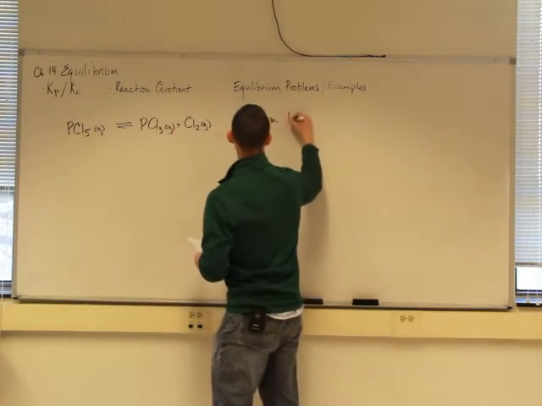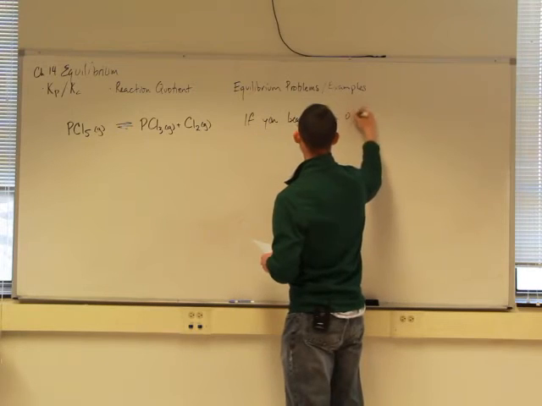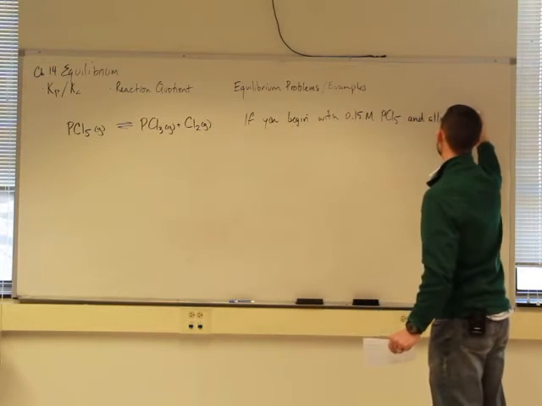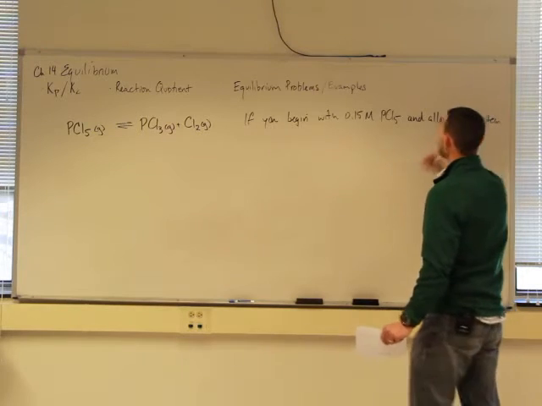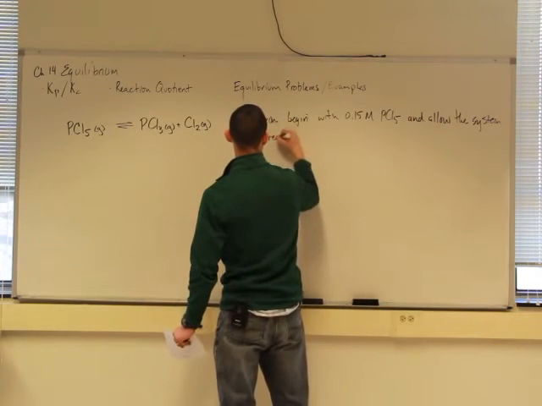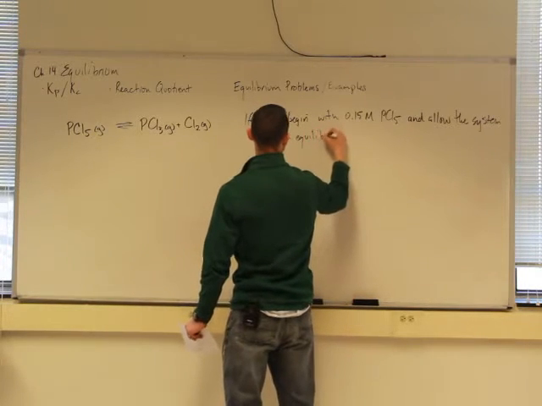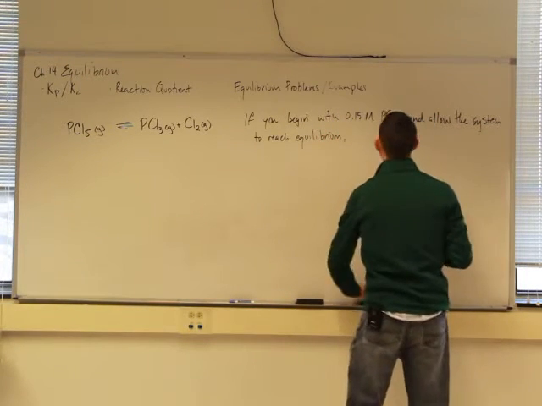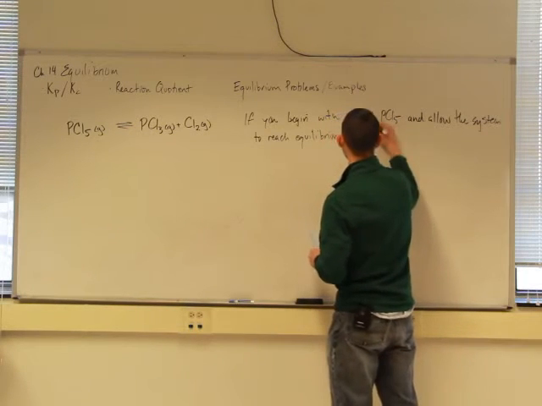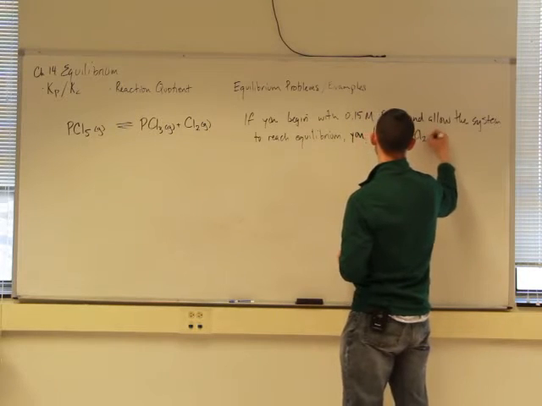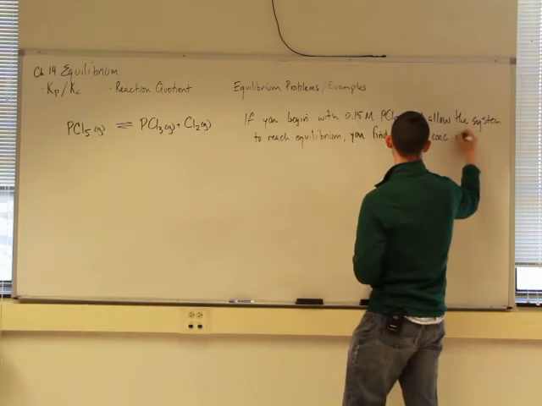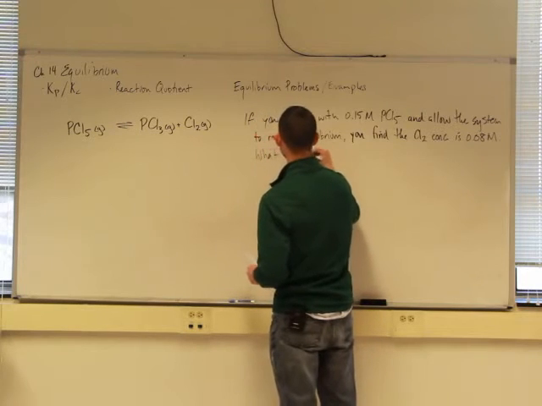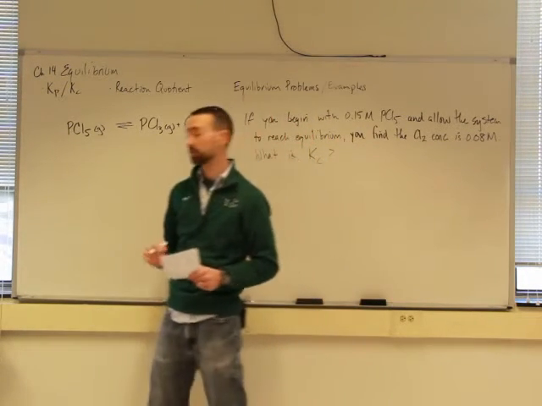If you begin with 0.15 molar PCl5 and allow the system to reach equilibrium, you find the chlorine concentration, Cl2 concentration, is 0.08 molar. What is Kc then for this reaction?